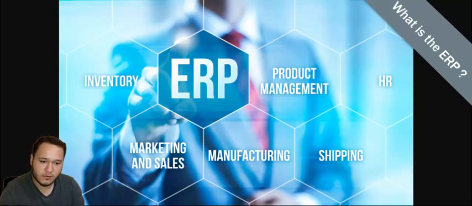An ERP system includes customer relationship management, financial management, supply chain management, human resource planning management, manufacturing resource planning, and cost price management.